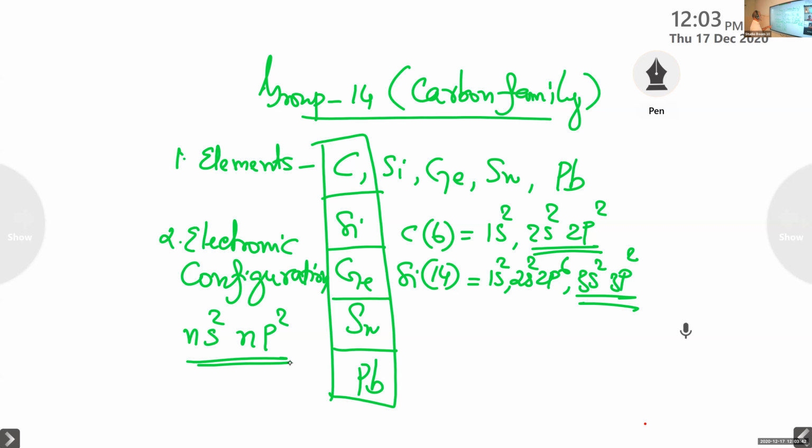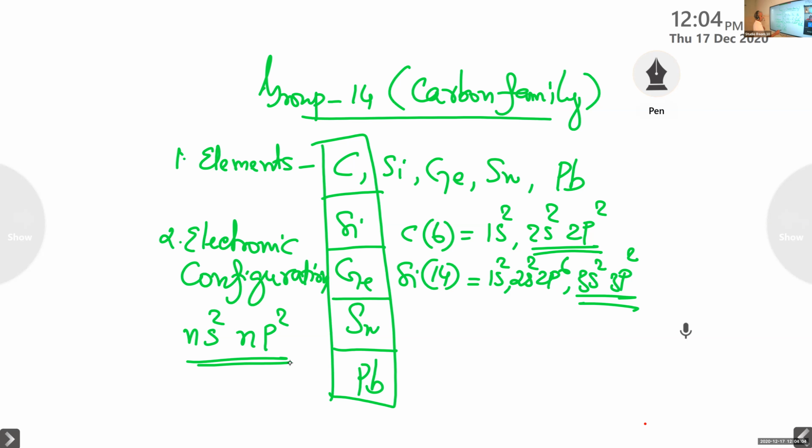Okay, come back to this. In group 14, there are 4 electrons in the outermost level, with S2P2 configuration. So the maximum oxidation state we expected is plus 4.